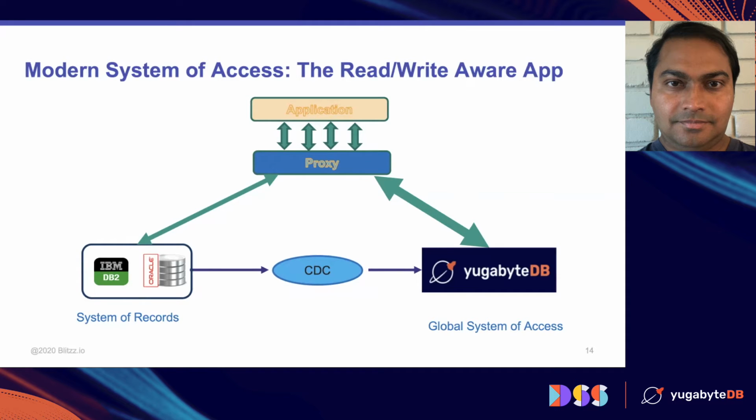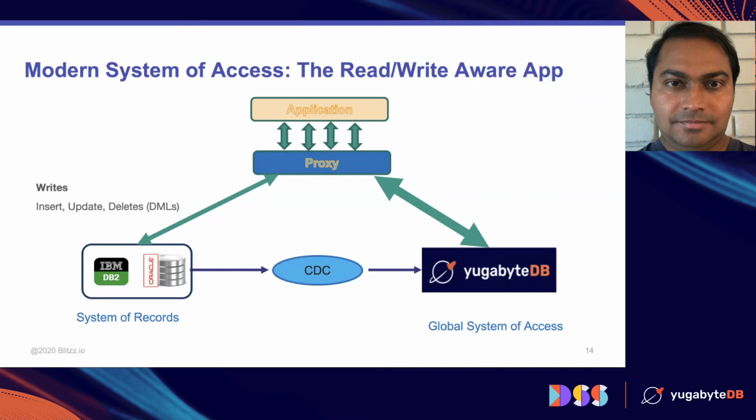So if you look at the application that sits on top of the proxy here, all the connections go through the proxy, and the proxy is going to identify whether this current session, or the queries that are part of this session, are modifying or mutating any data.